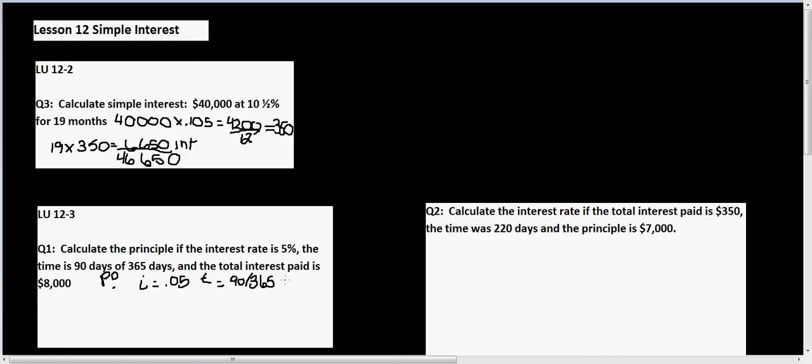And we know the total dollars that we paid of interest is 8,000. So how do we put this all together in an equation? Well, we can go back to here. We don't know what the principal is. That's a big question mark.